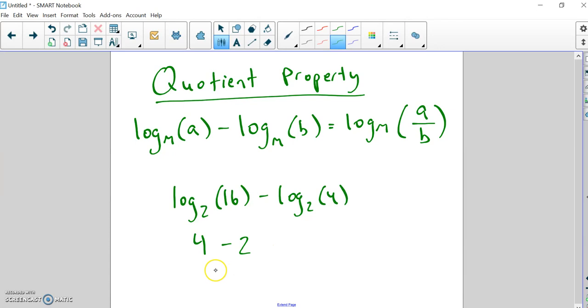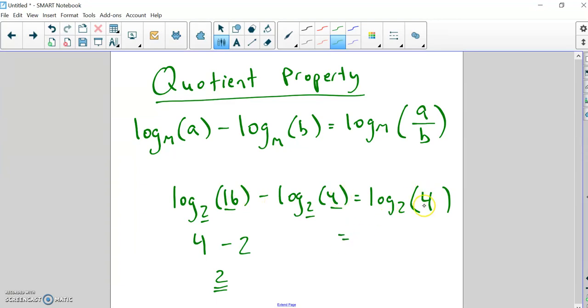And 4 minus 2 is 2, so we know the answer to this is 2. But if we try to use the quotient property here, because we have 2 logs of the same base being subtracted, we can take the argument, or the number inside of the logarithm, and divide them. So this will become log base 2 of 16 divided by 4, which is 4.